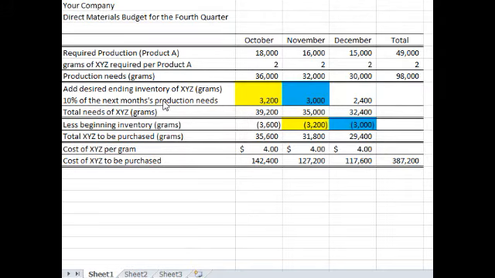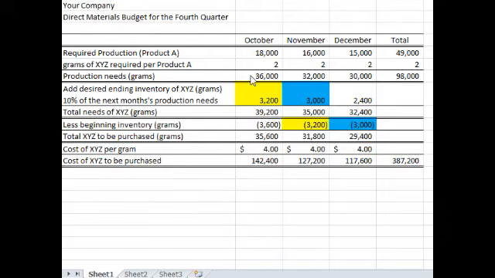But in addition to that production need, the requirement was that we would like to maintain 10% of the next month's production needs. So next month, we need 32,000 of this material. So in addition to this month's production needs, we would like to maintain 10% of 32,000 added to our necessary production needs.